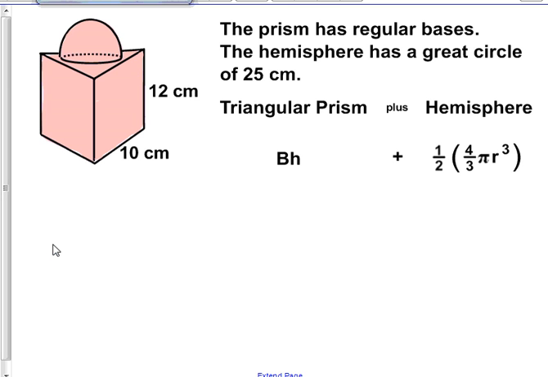So the formula is 1/2 of 4/3 times pi times the radius cubed. Now to figure out big B of the triangular prism, it might help you to draw a triangle separate from the figure that you have there. Label what you know about the triangular base, and then see if you can figure out the necessary information to plug into the formula.